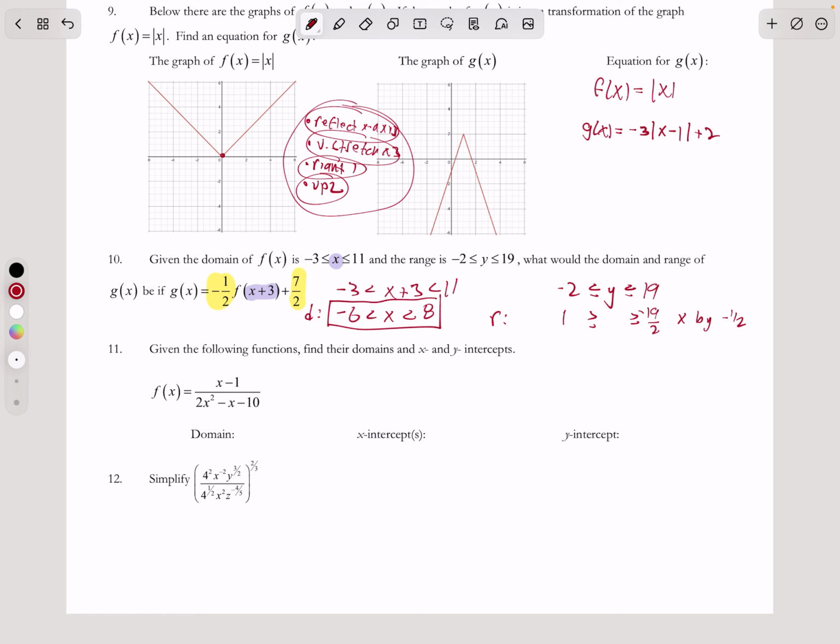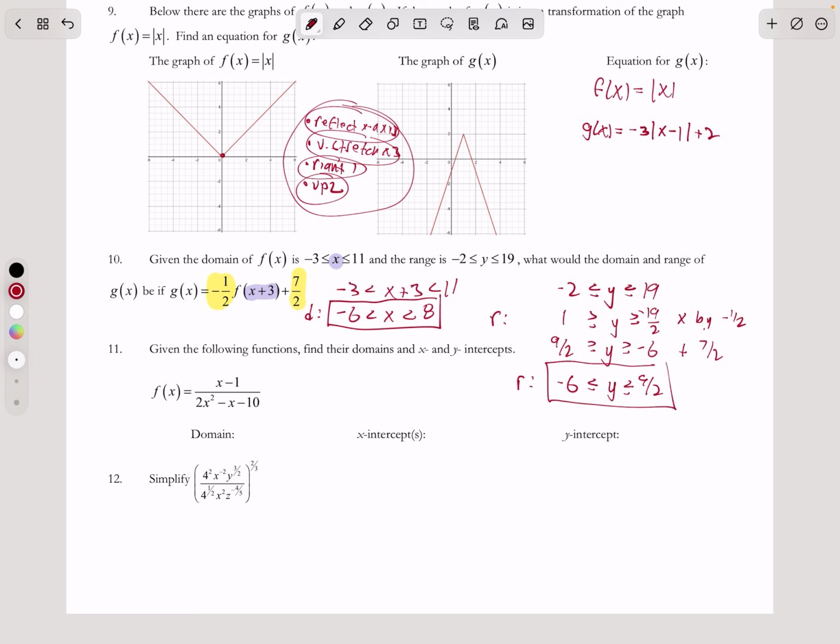Then if we add 7/2, 1 plus 7/2 is 9/2. And negative 19/2 plus 7/2 is negative 6. So the range has to be between negative 6 and 9/2. That is my range.